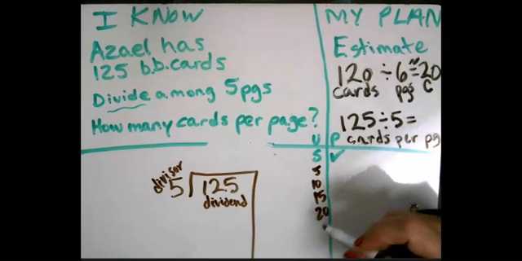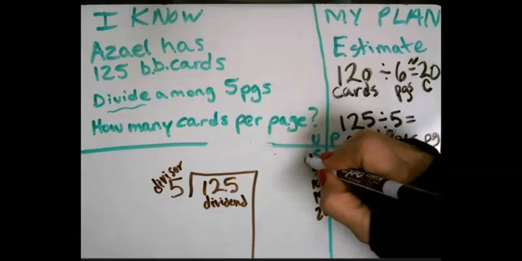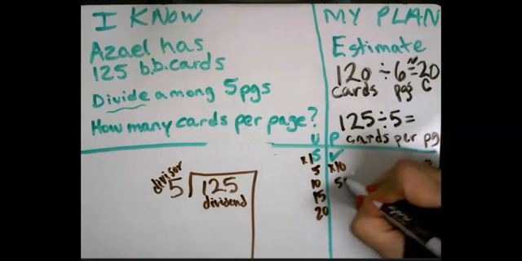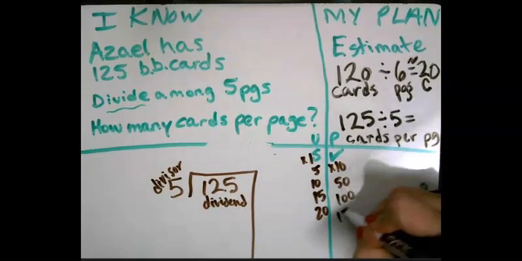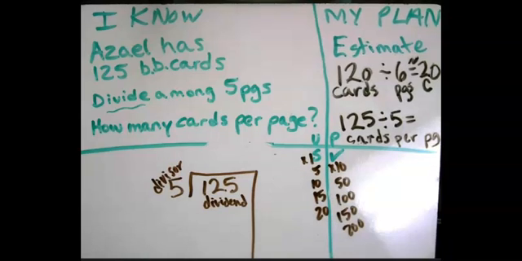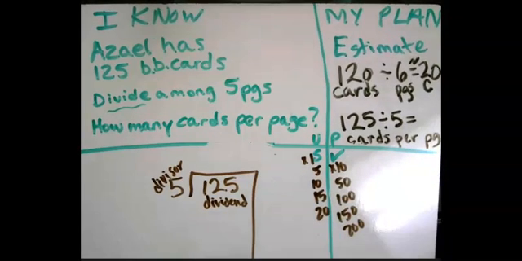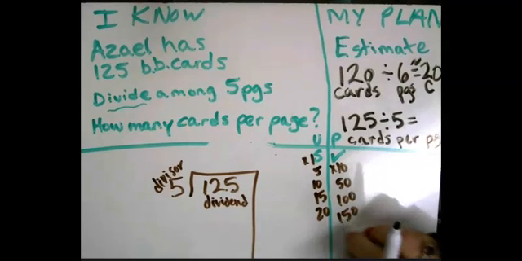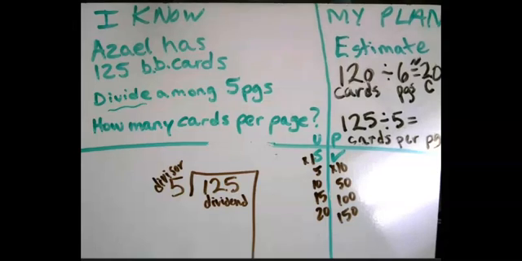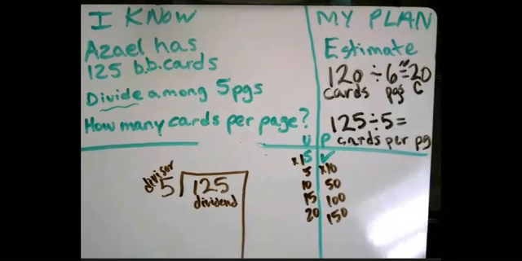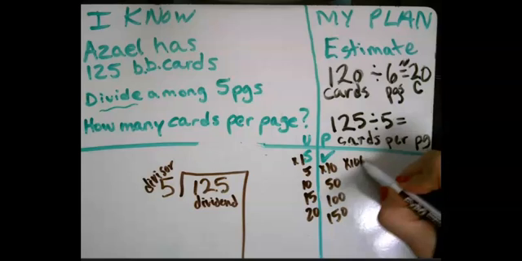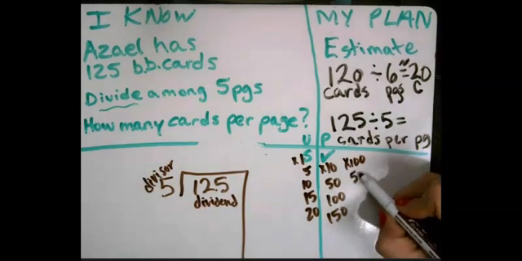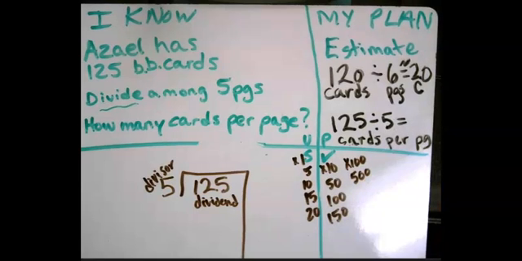So this is going to be 1s, and this is going to be tens. We have 50, 100, 150, 200. I don't even need to go that high because my dividend is only 125. And then of course my hundreds, oh, that's too big. I don't even need that.